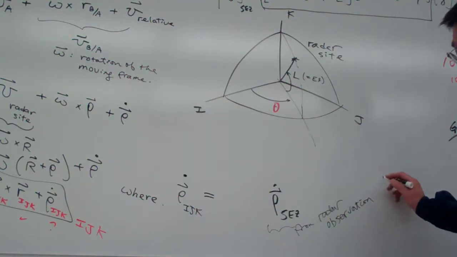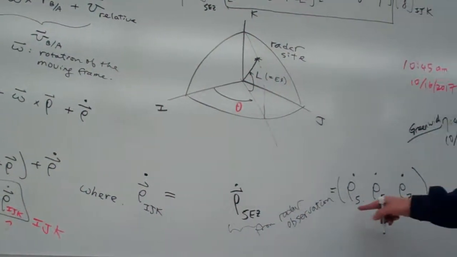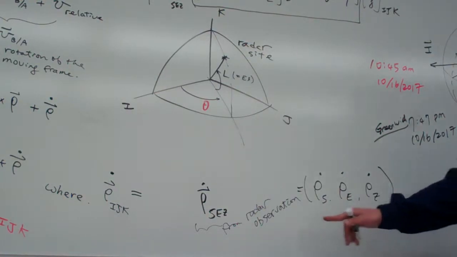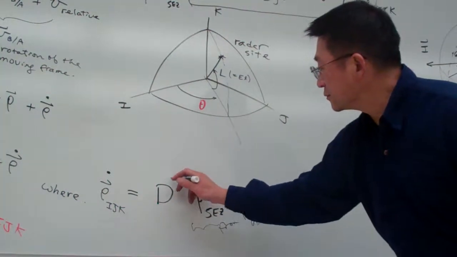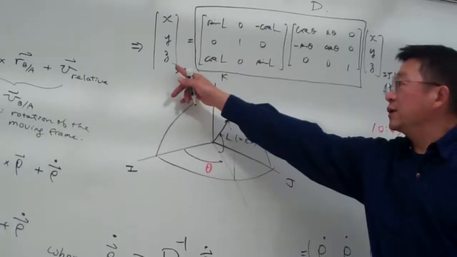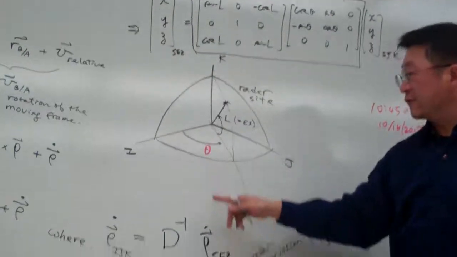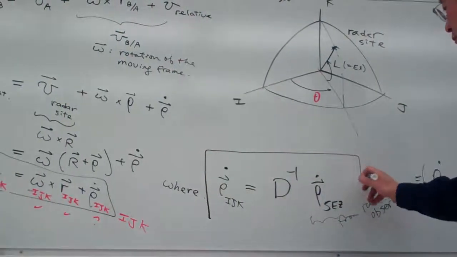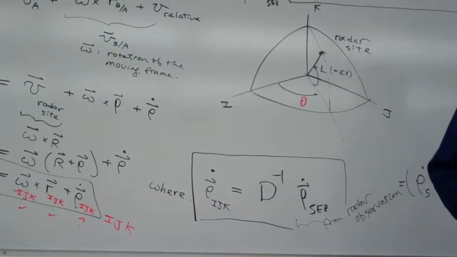Basically this is equal to rho dot s, rho dot e, and rho dot z. These three terms we had as a very trivial exercise last time. Then what is this one? Look at this one. Basically it is the inverse. All the information we want to calculate in ijk is the inverse multiplied with whatever is available in SEZ. Combining the two together, we will have the R and V.